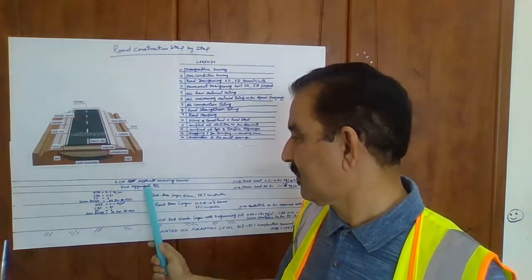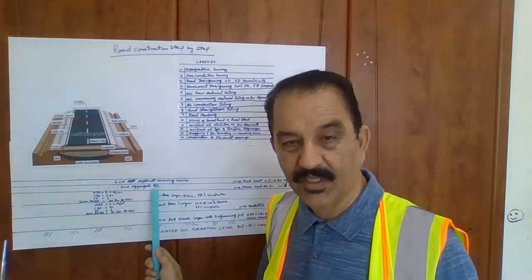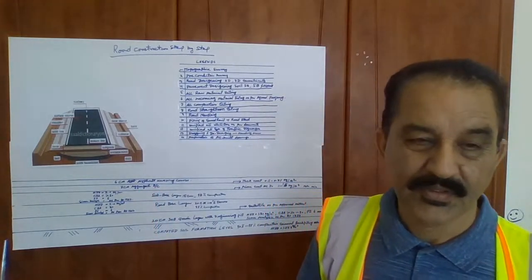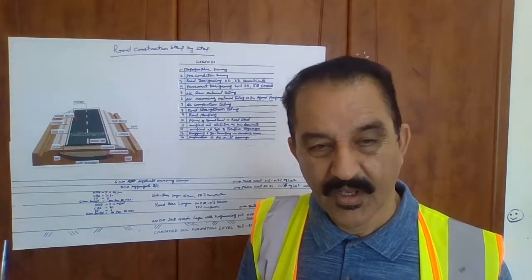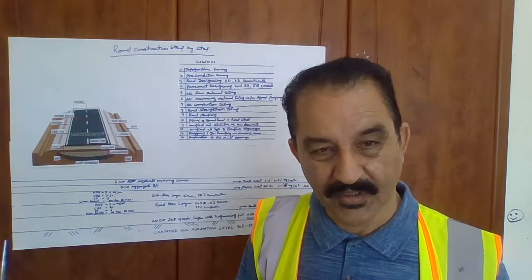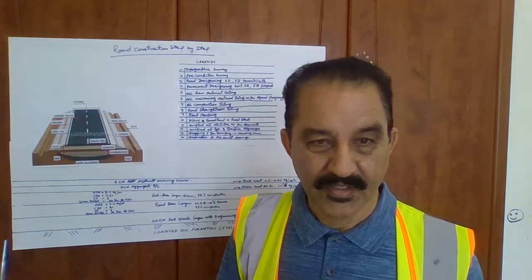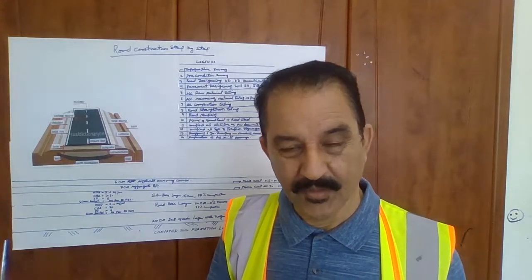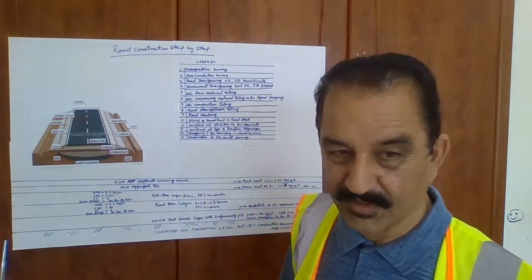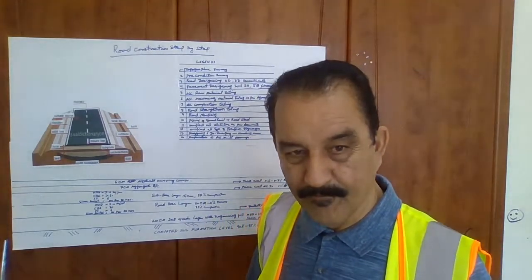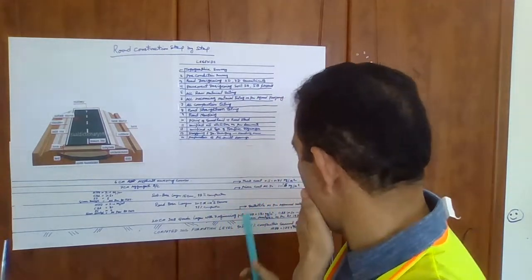Then the aggregate base course should be according to the approved mix design, where all the Marshall study parameters are studied, discussed and approved as per the approved mix design summary.